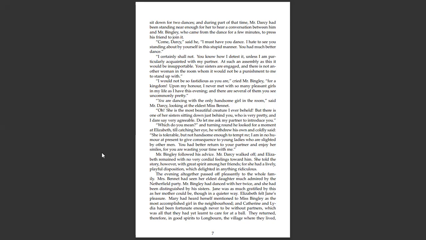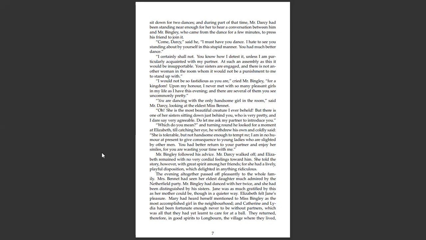Mrs. Bennet had seen her eldest daughter much admired by the Netherfield party. Mr. Bingley had danced with her twice, and she had been distinguished by his sisters. Jane was as much gratified by this as her mother could be, though in a quieter way. Elizabeth felt Jane's pleasure.